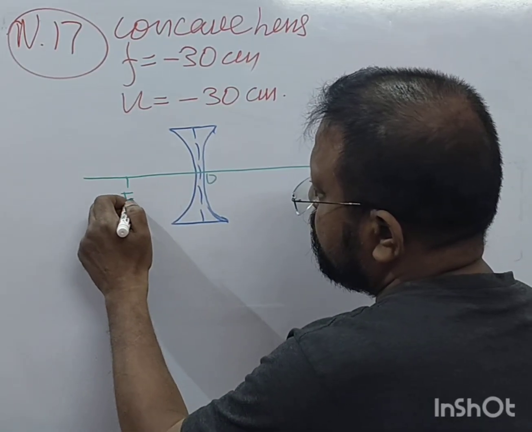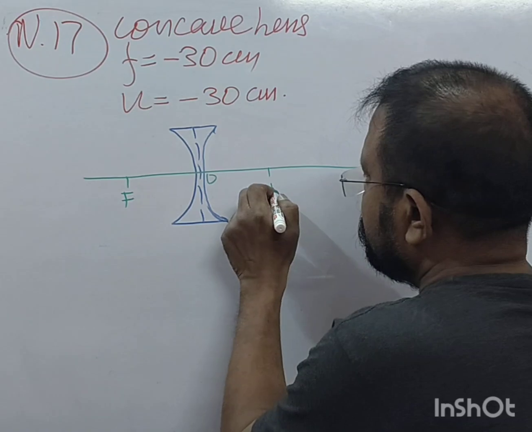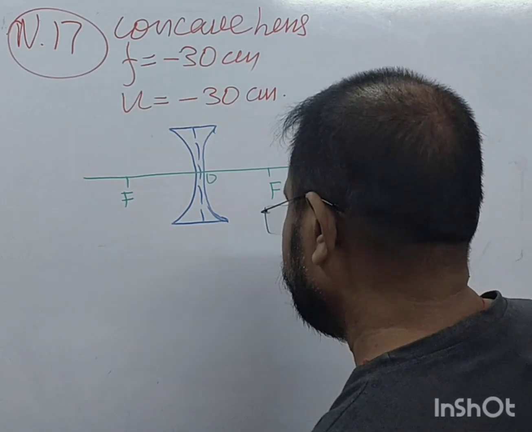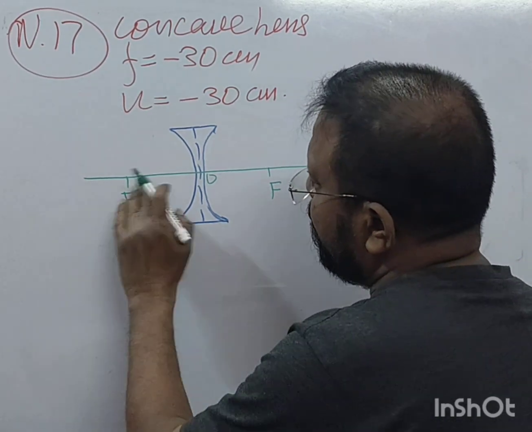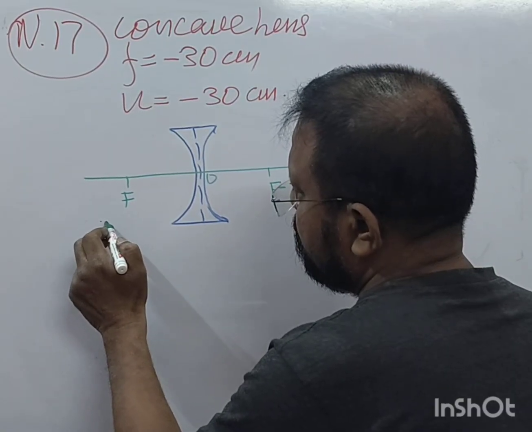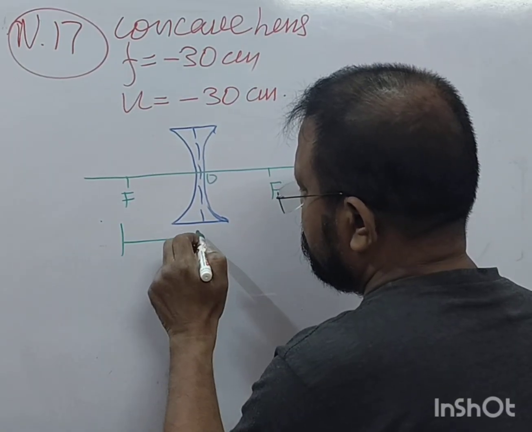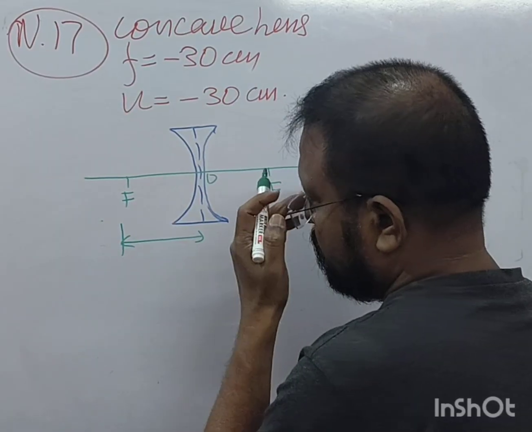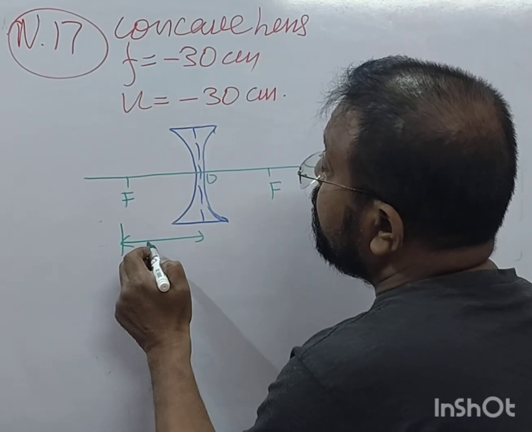This is focus, this is focus, negative. So this is minus 30.